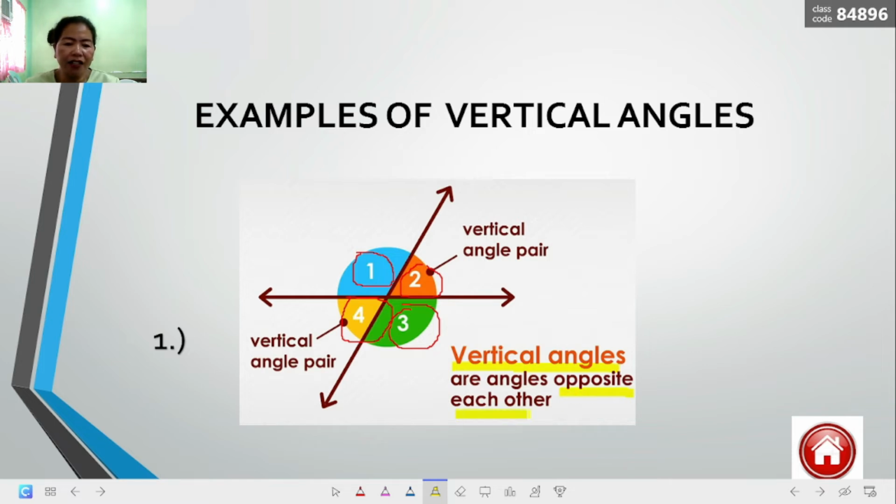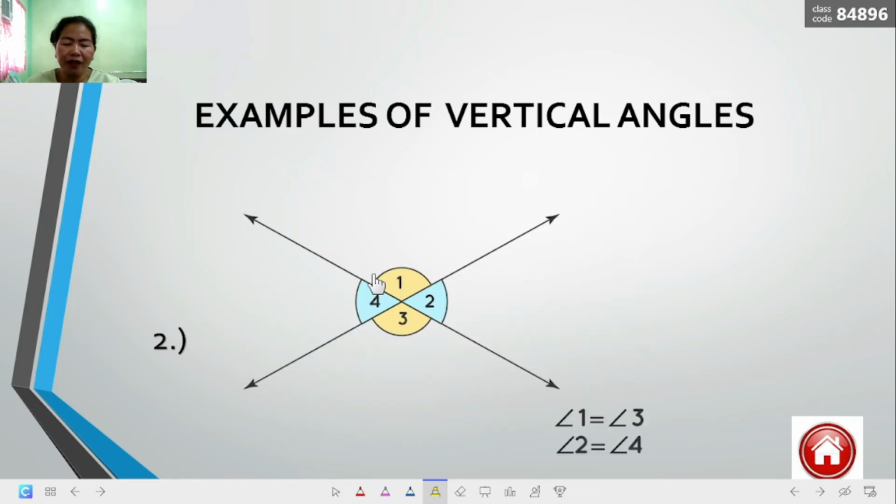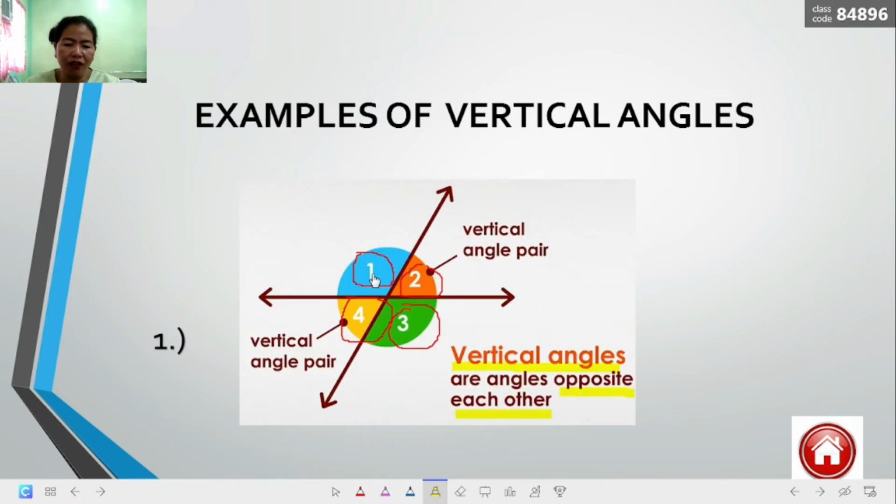Angles 1 and 3 are opposite to each other, and they are non-adjacent. Because between angles 1 and 3 there is an angle, which is angle 2. And on the other side, angle 1 and angle 3 are non-adjacent because there is an angle 4 between these angles. So therefore, angles 1 and 3 are opposite to each other. Therefore, they are considered to be vertical angles.